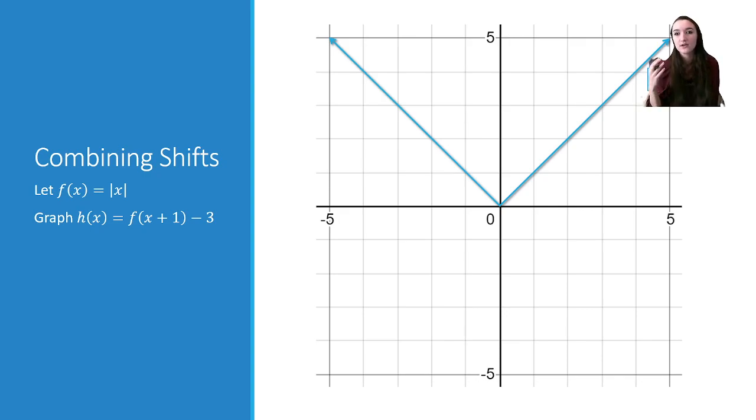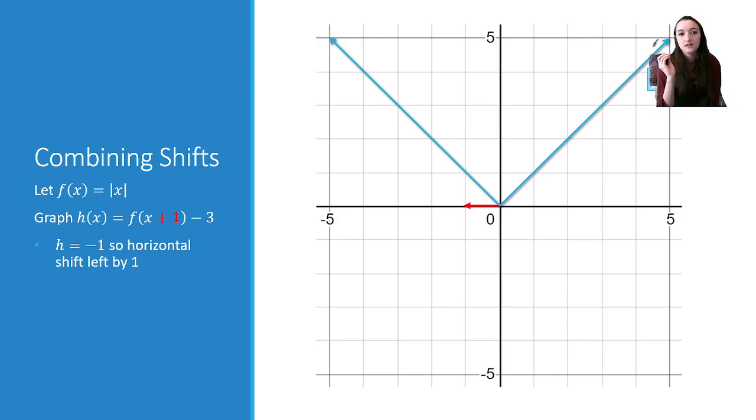I will talk about the order you have to do these transformations in a little bit later, but for right now, I'm going to start with the horizontal shift. So, horizontal shift, we have this plus 1 inside of our f. So, h equals negative 1 means we're shifting to the left by 1.